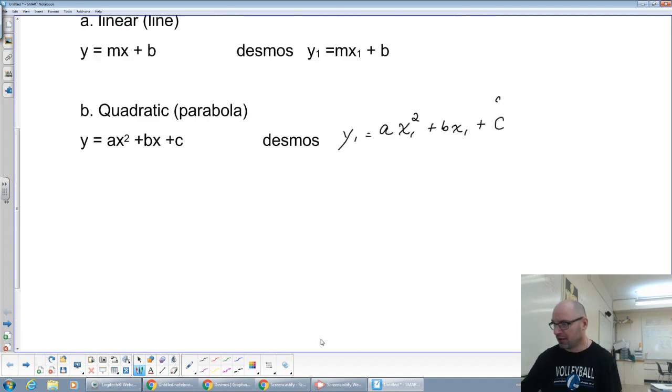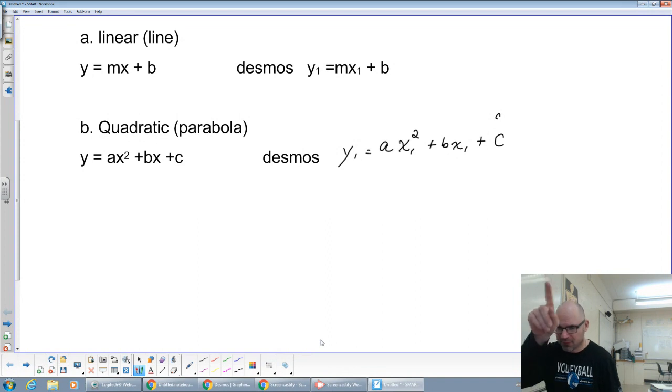And then we're going to get into cubic ones, which are those curvy, S-shaped two-turn shapes on the graph. You can have cubic regression as well.